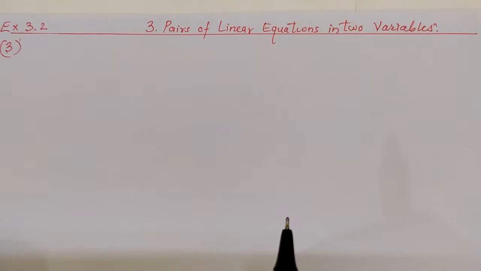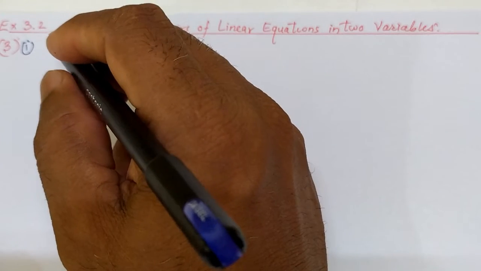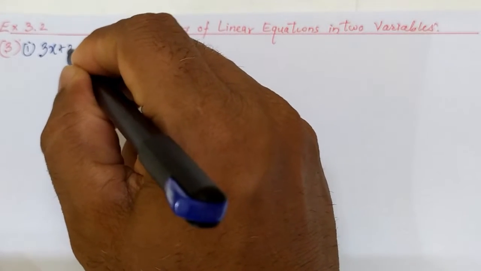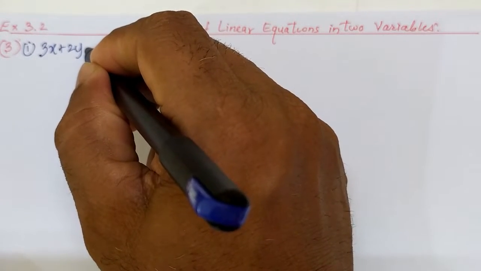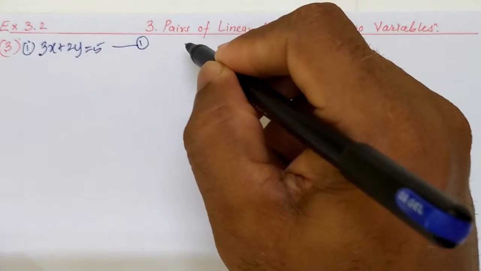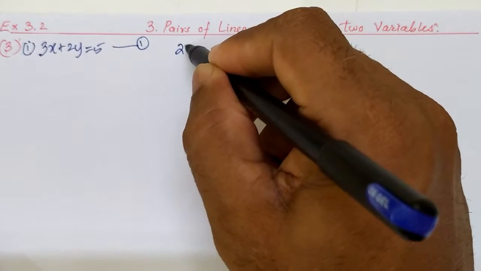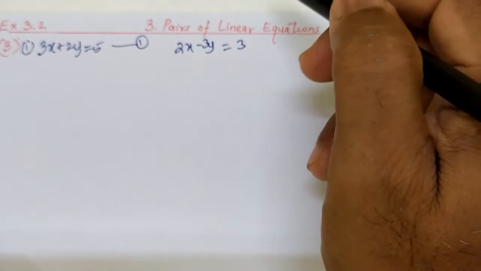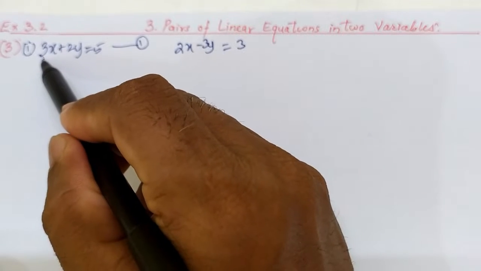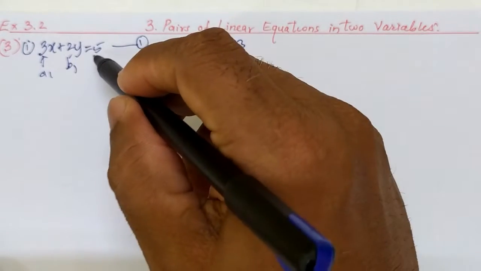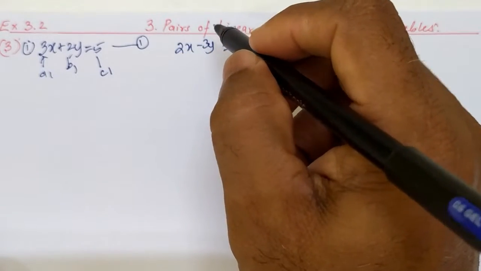The first equation given to us is 3x plus 2y is equal to 5. And the second equation given to us is 2x minus 3y is 7. So we'll write down this is A1, this is B1, this is C1.